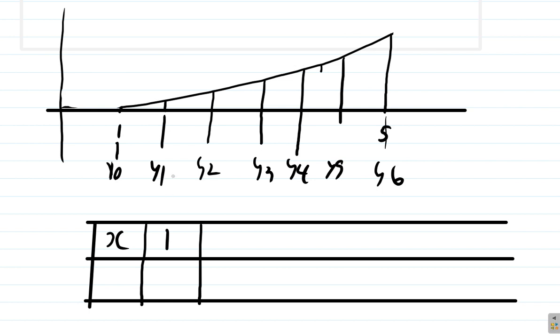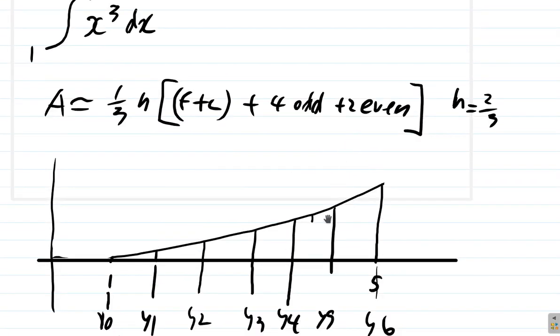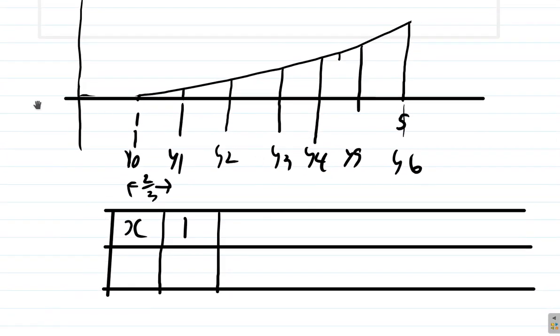Now, since the width is 2/3, that's the width for each, that they call h here. When we are at 1 and we go this way, we're adding 2/3 to it.